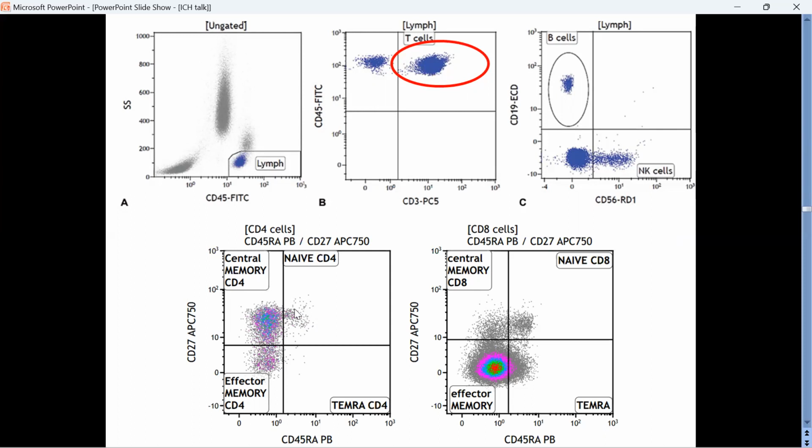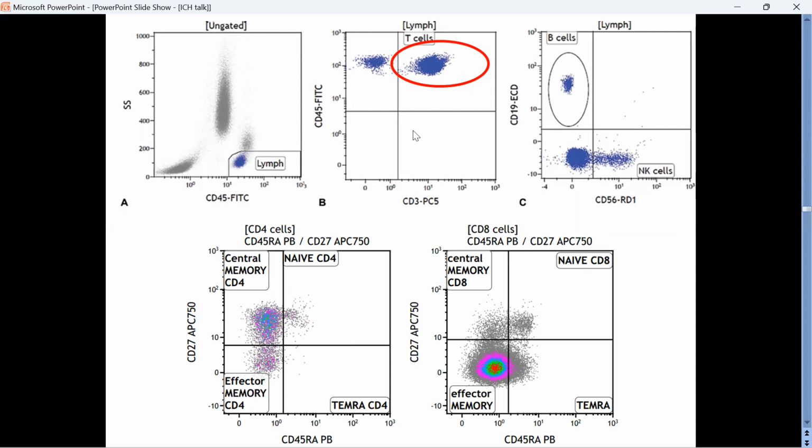Okay, to make it simple, especially in children, the naive T cells should be more in number compared to the memory cells. I repeat, in normal conditions, normal children, the naive cells should be more in number compared to the memory cells.